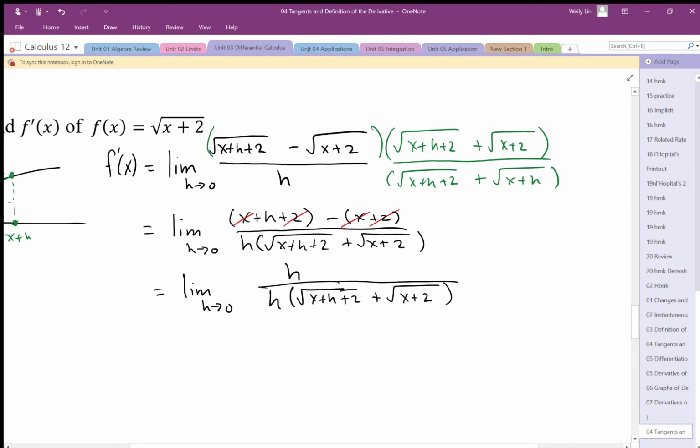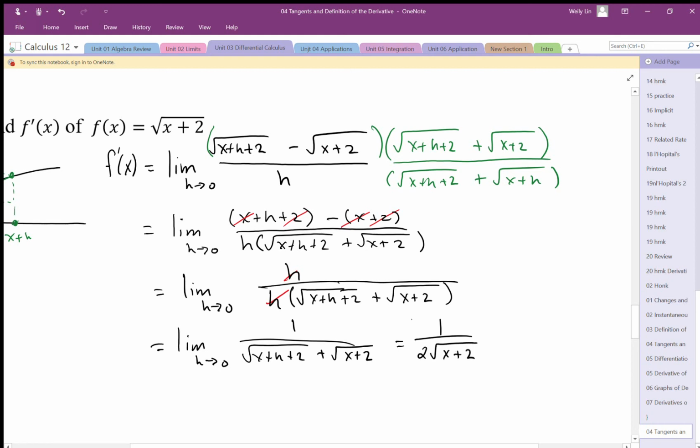And then canceling those out, we end up with the limit as h goes to 0 of 1 over square root of x plus h plus 2 plus square root of x plus 2. As we let h go to 0, we end up with square root of x plus 2 plus square root of x plus 2. So we have 2 of those.